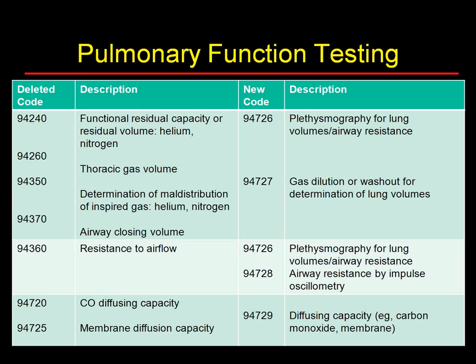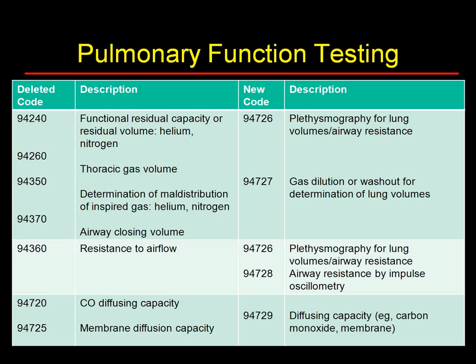For the gas dilution techniques of measuring lung volume measurements, one would report 94727, and of course that would not include an airway resistance measurement, since one cannot calculate an airway resistance measurement using the gas dilution techniques.